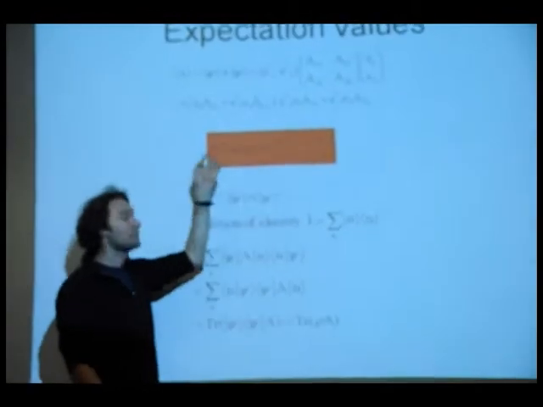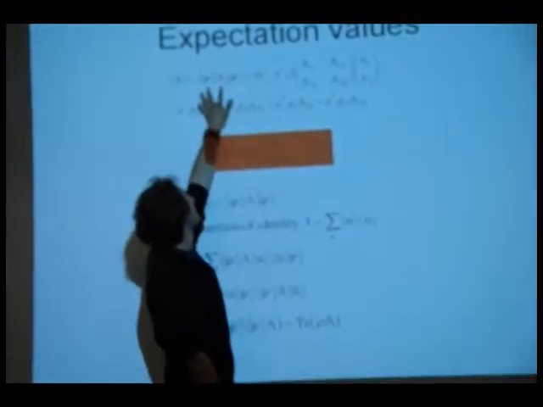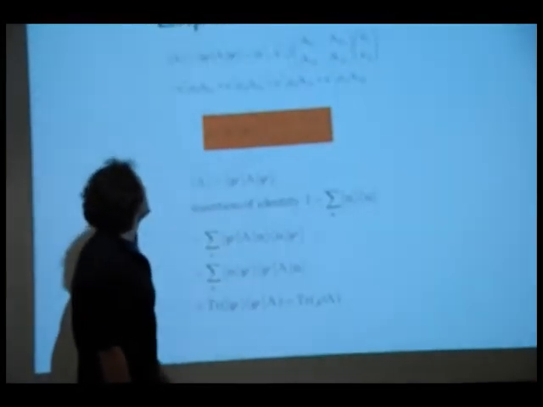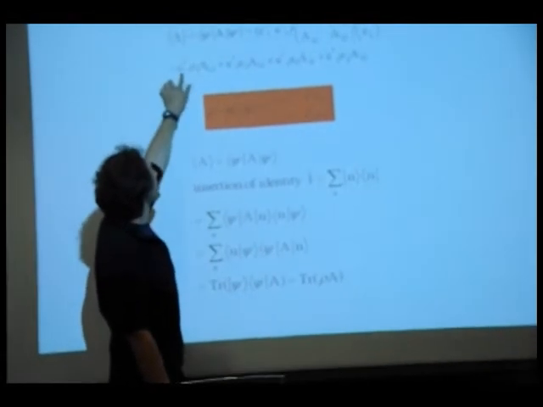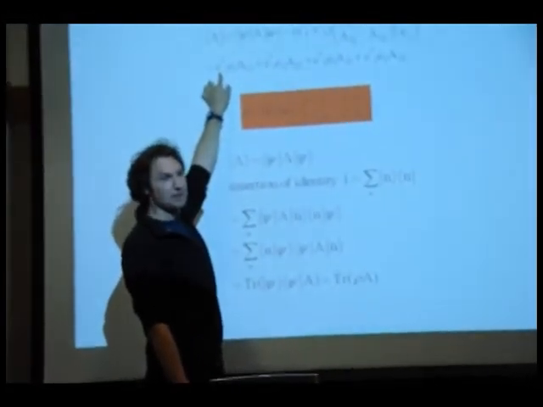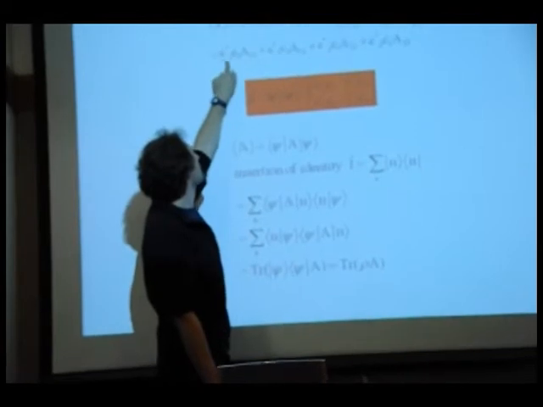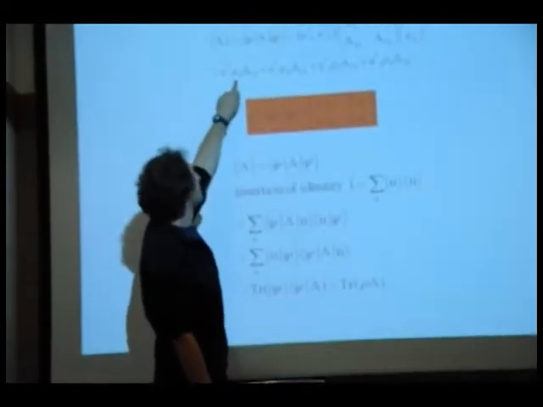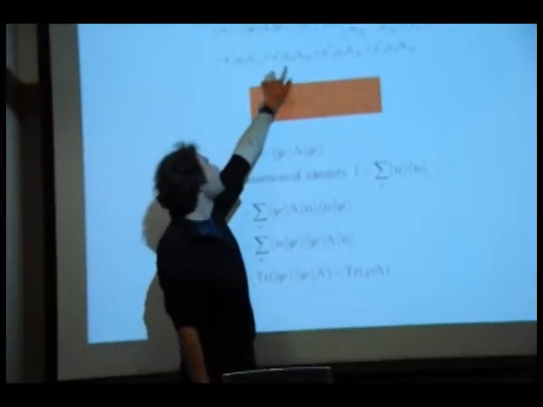The important thing to note is that if you solve this equation in a general case, where you have an expectation value for some observable A, then you have these square products: C1, C2.